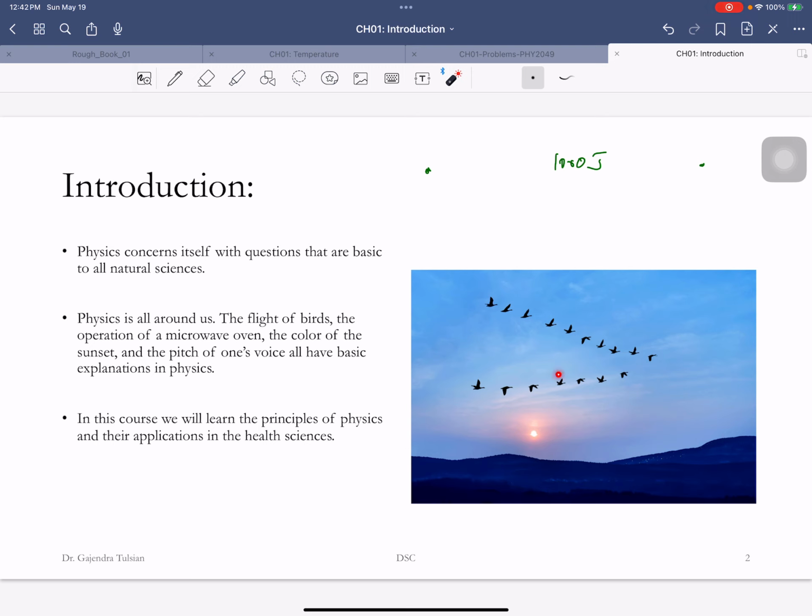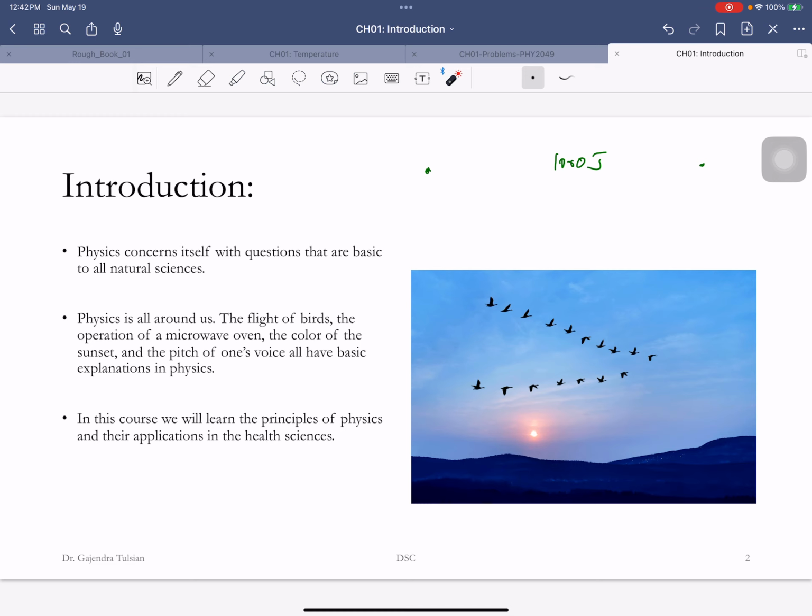Okay, when they fly in V formation, this bird is working the hardest, and it's easier for all these guys. So the way they do this, and cyclists do this as well, this bird will fly in the front for a little bit and then go to the back, and the next bird will come, and so on.